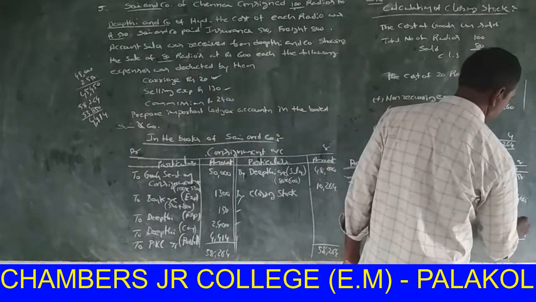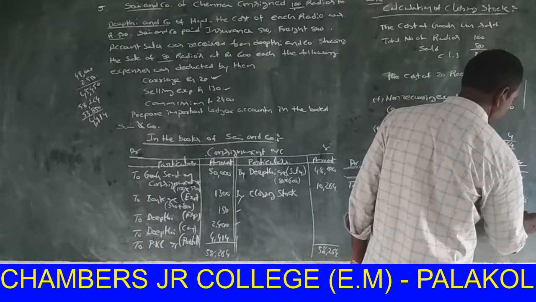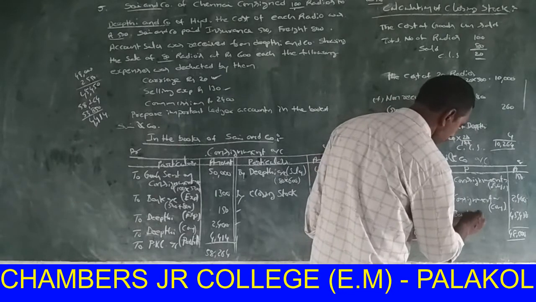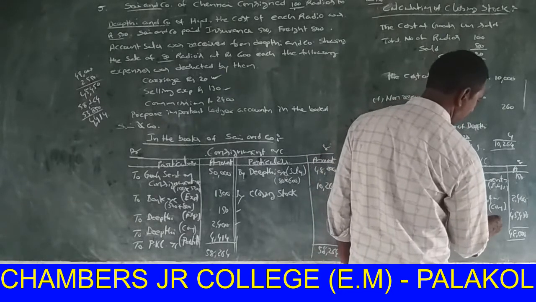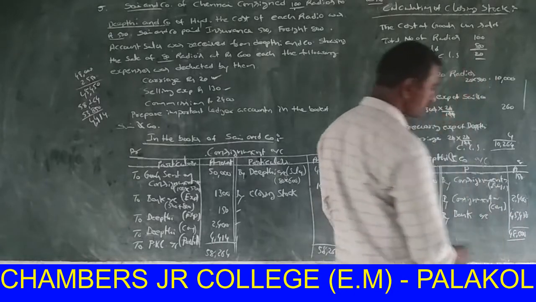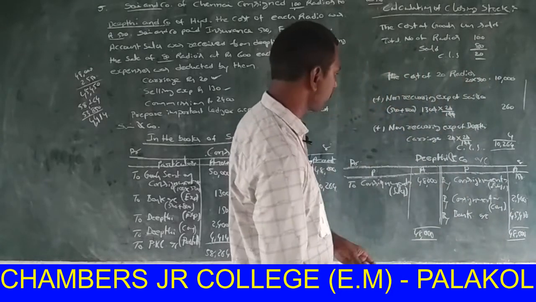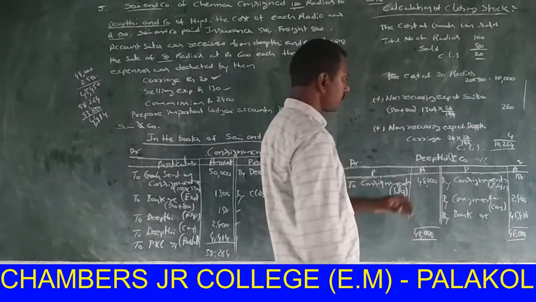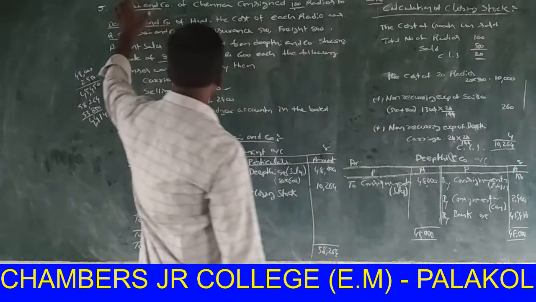The difference 45,450 by bank account. This amount is due from Deepti to Sai and Co.